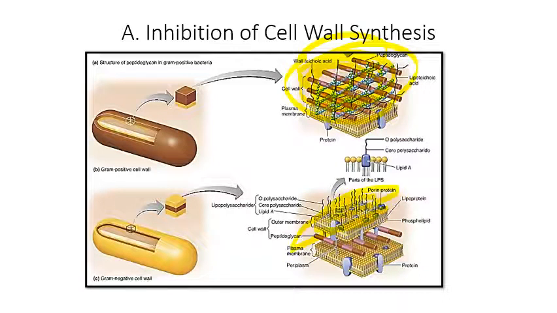They have an outer plasma membrane and an inner plasma membrane. The space in between is referred to as the periplasmic space, and it's filled with a fluid called the periplasm, and it contains a small amount of peptidoglycan. But the antibiotic has trouble getting through the outer plasma membrane. So basically, the Penicillin family of antibiotics will interfere with the peptidoglycan cell wall formation of gram-positive bacteria, but not gram-negative bacteria.